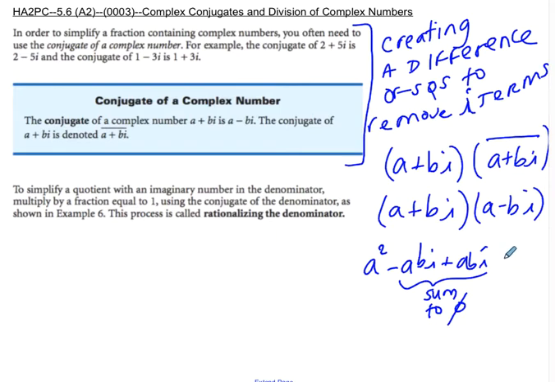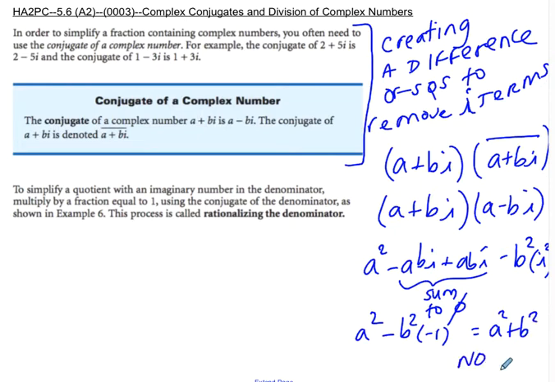My back term is going to be a negative b squared times i squared. That would be the end of it, except that it's imaginary numbers. So a squared minus b squared times a negative 1 is the same as a squared plus b squared. There are no i's. So by creating this difference of squares, by multiplying a plus bi times its conjugate, you've gotten rid of the i's.